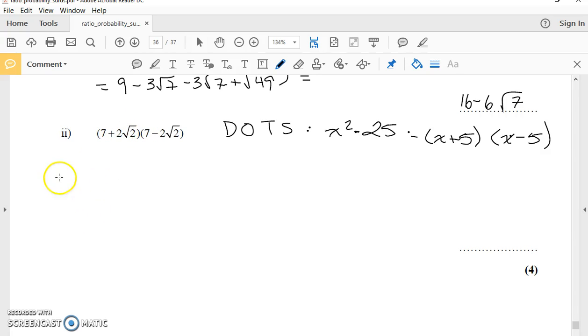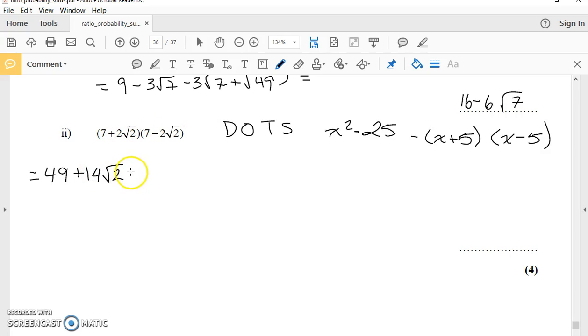So my first term is going to give me the 49. When I look here, I've got 7 times 2 gives me 14. So plus 14 root 2.